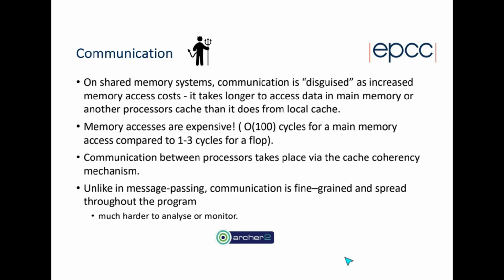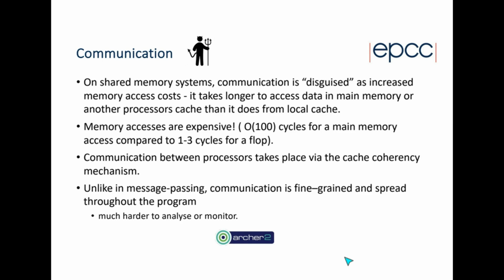And that happens because it takes longer to access data that's either in main memory or maybe in another processor's cache than it does to get it from the local cache. And you have to remember that on modern hardware, main memory accesses are expensive things.